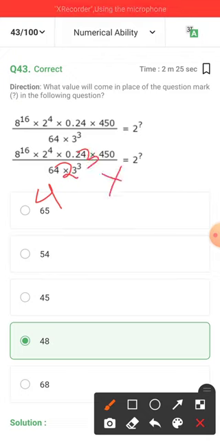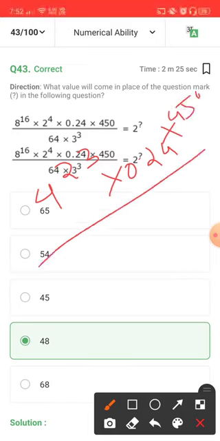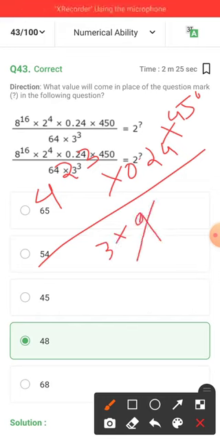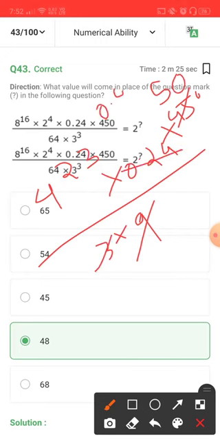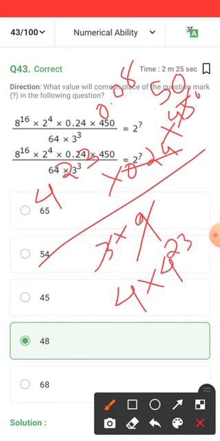Then what is remaining is 0.24 into 450 by 3 into 9. 3 cube can be written as 9, cut this 450, get 50. Then this 3 cut this 0.24, we get 0.08. 5 into 8, 40. So 400. So 4 into 4 raised to 23.